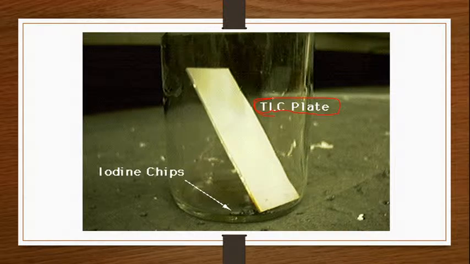You just have to keep the iodine chips, or the crystals of iodine, inside the chamber. Allow the saturation of the chamber with the iodine fumes, and then introduce the developed chromatogram. It may be a TLC plate or your paper chromatogram. Remember.